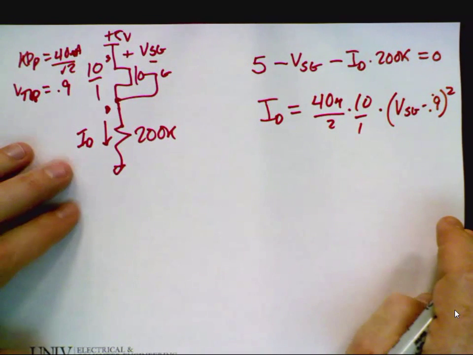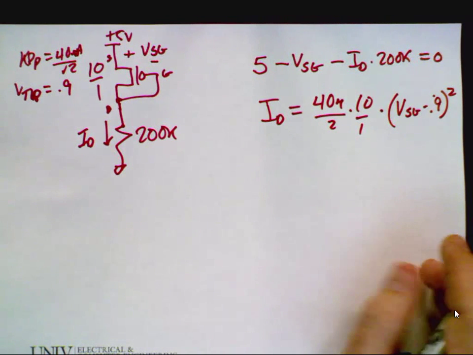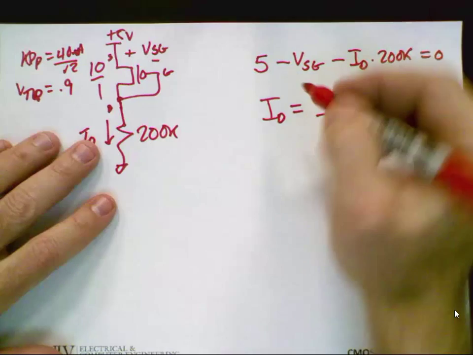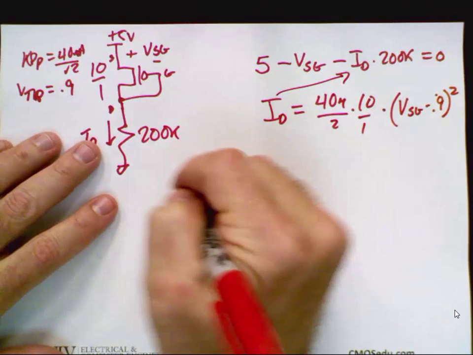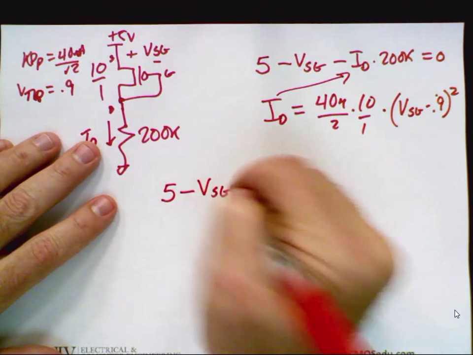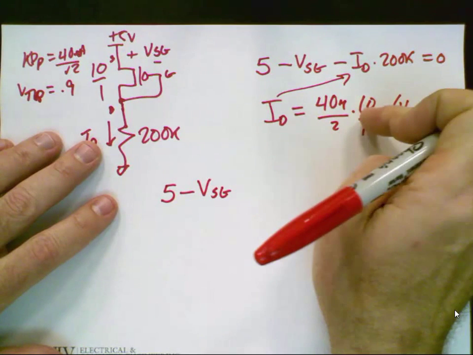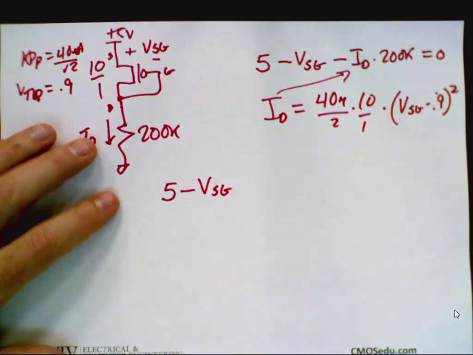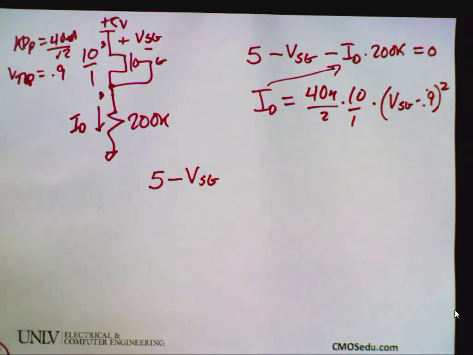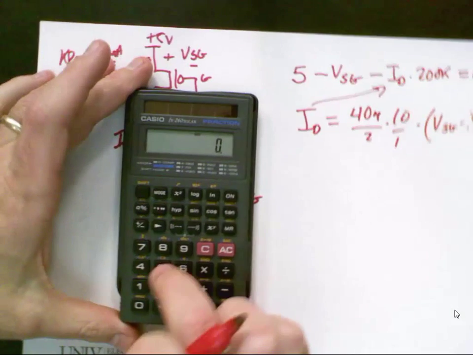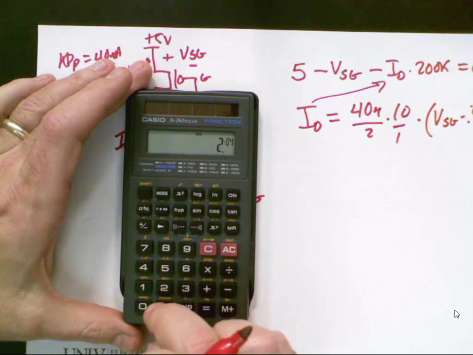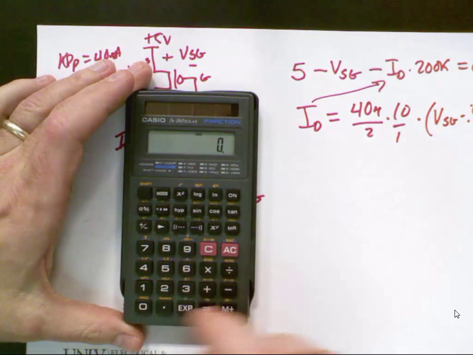No problems so far? Going to get 100 on the quiz? Okay, so then I'm going to plug this in here. And I'll write 5 minus VSG. And then I'm going to write this as 200 micro times 200K. Let's simplify our lives. 200 E6 change sign times, whoops, I already made a mistake.